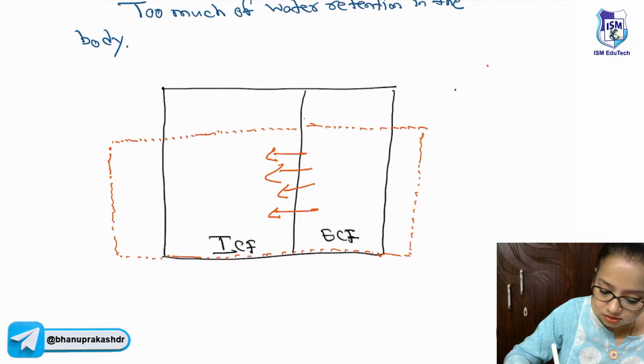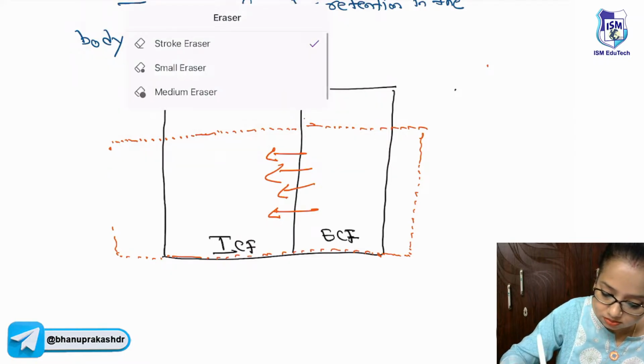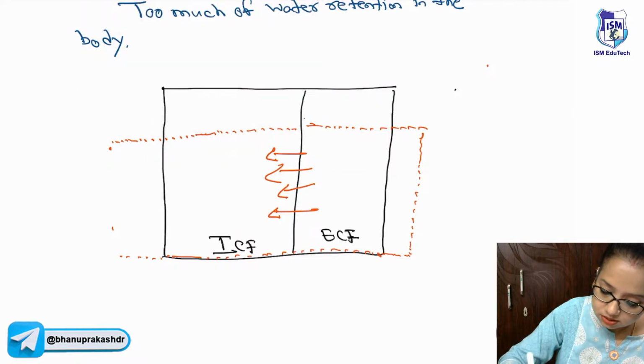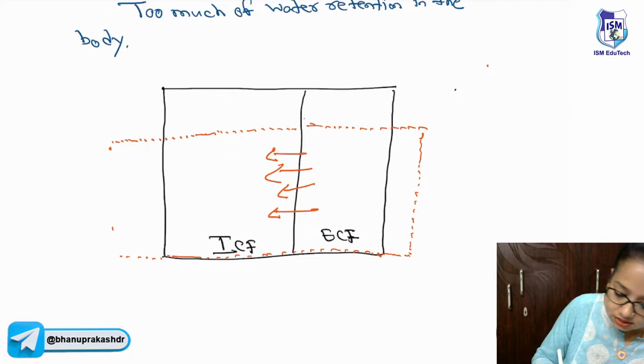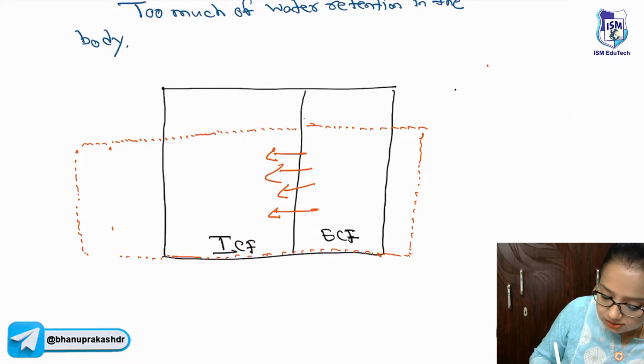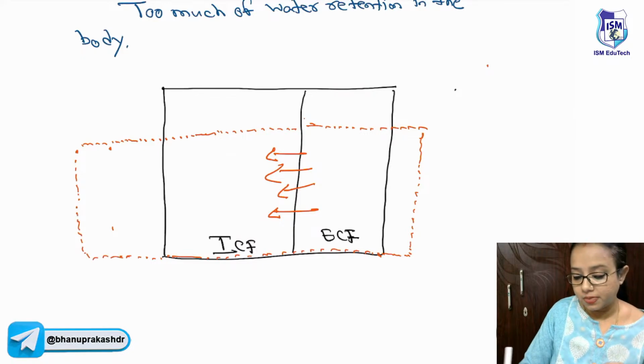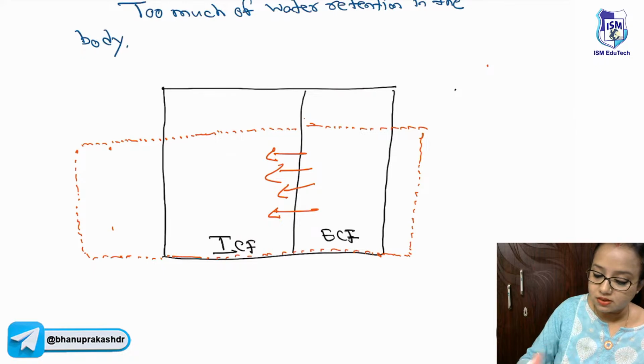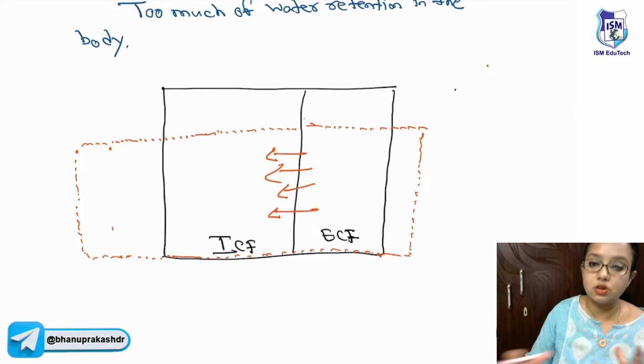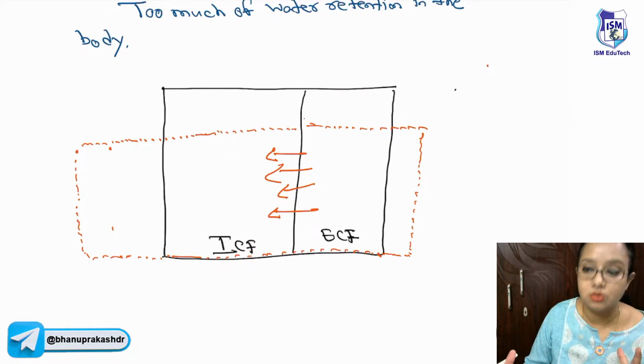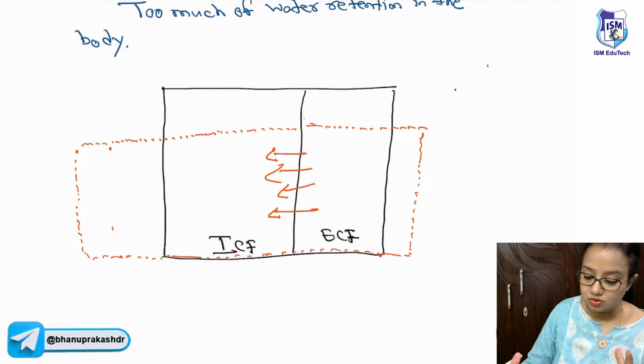Here, the ICF volume increases even more than that of the ECF. Now here you see, both the ECF and ICF have become more in volume. They got diluted. So what will happen to the osmolarity?